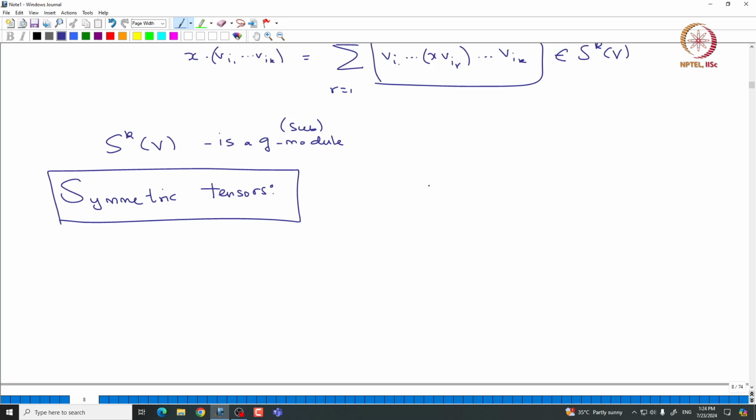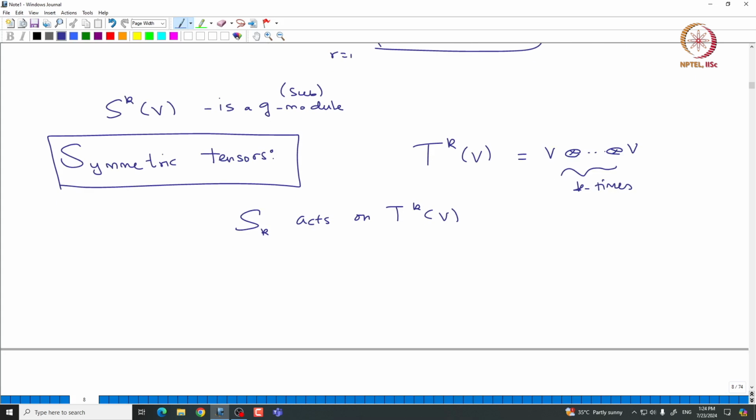Let us take the k-tensors Tk of V, which is just a tensor product of k copies of V. Now the symmetric group Sk acts on Tk of V by permuting the tensor components.